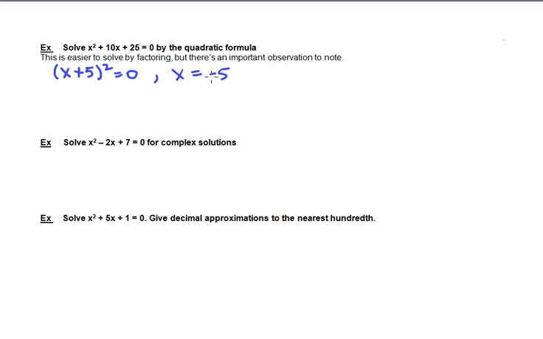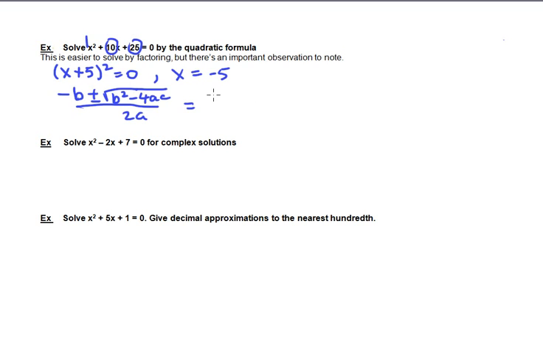So it's solved fairly quickly by factoring, but if we solve it by the quadratic equation, we can see something interesting. So we'll go to the equation, negative b plus or minus the square root of b squared minus 4ac, whole thing divided by 2a. And plugging in the coefficients here, we've got 1 and 10 and positive 25.